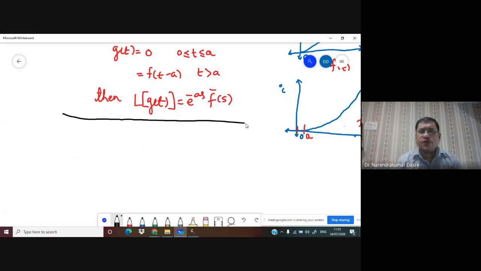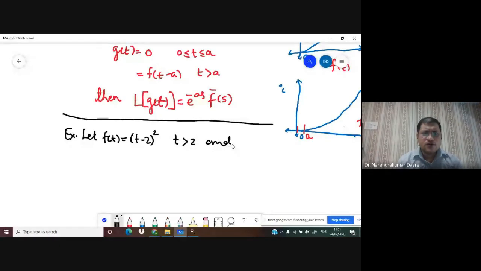Now we'll try to have examples based on this. Solve: f of t is equal to t minus 2 squared when t is greater than 2, and f of t is equal to 0 when 0 is less than or equal to t less than or equal to 2.